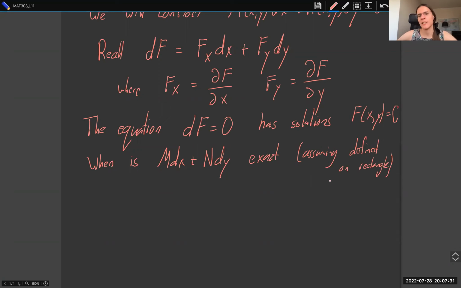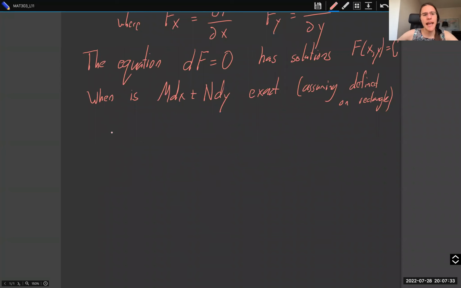In other words, when is it locally exact? And the answer is when m sub y is equal to n sub x.